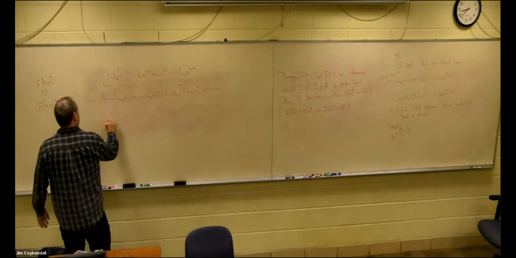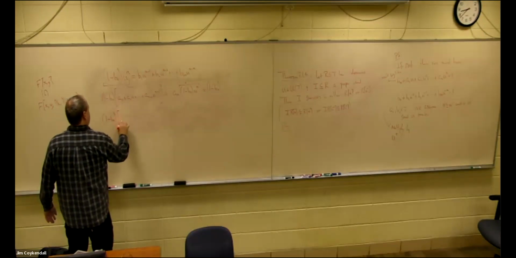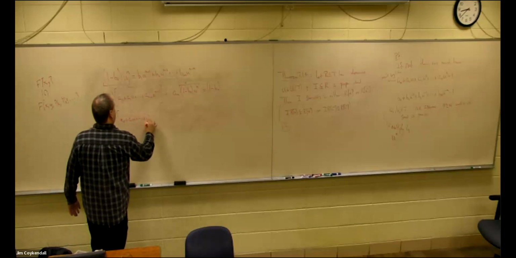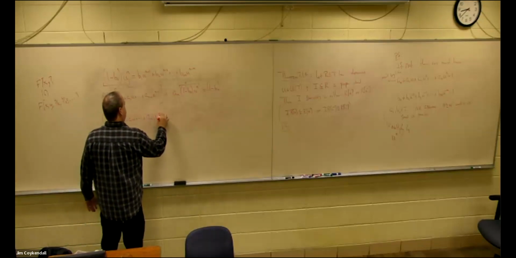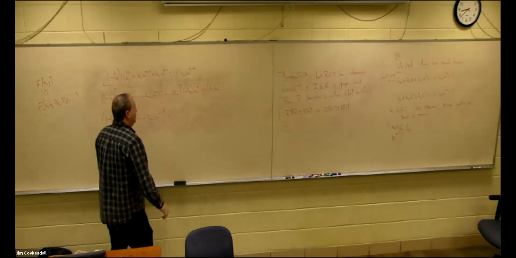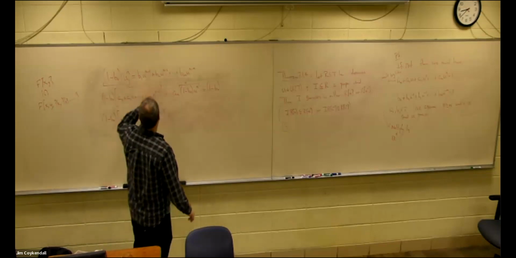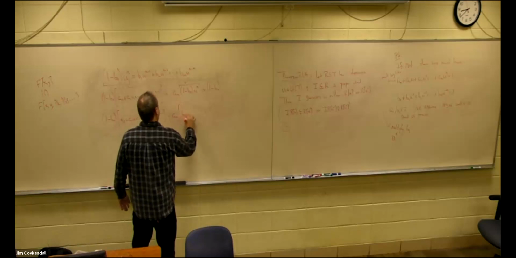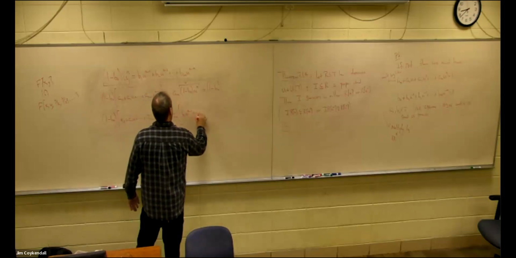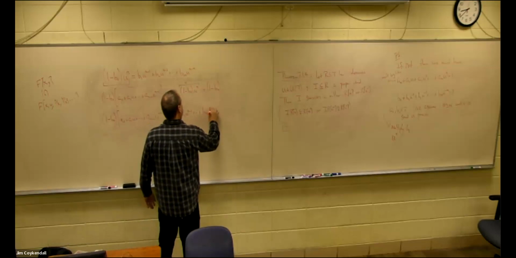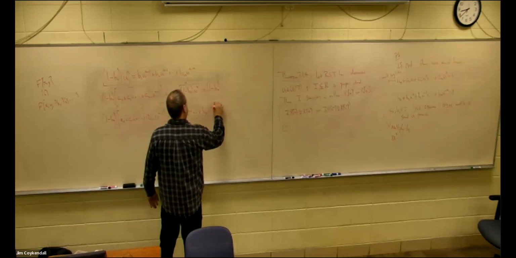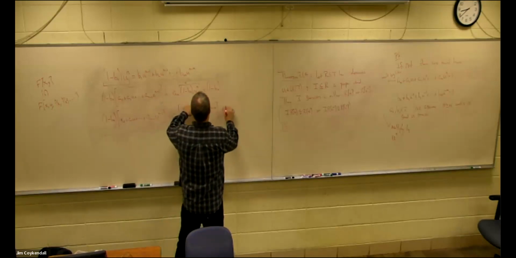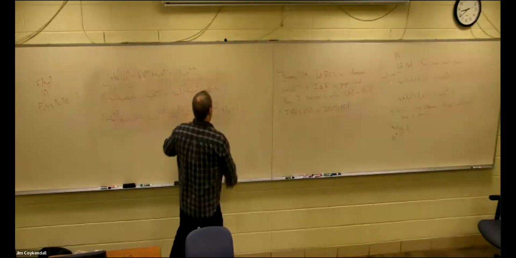I'm going to get 1 minus B0 times A0 plus A1 U plus A n minus 1 U to the n minus 1, plus A n times this mess, plus B0 is equal to 1.